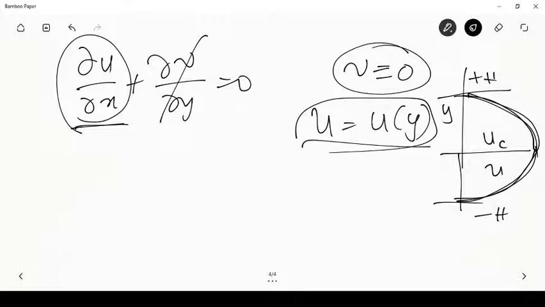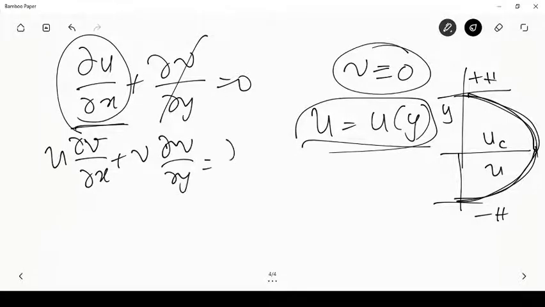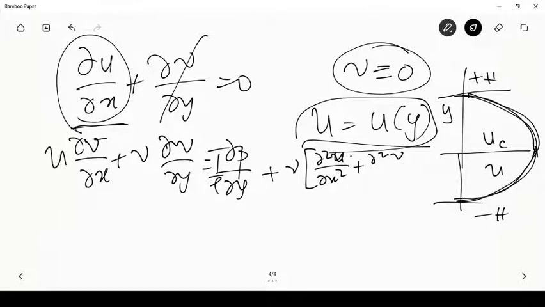If I look at the x and y momentum equations, let's look at the y momentum equation first. u del u by del x plus u del v by del x plus v del v by del y is equal to minus 1 by rho del p by del y plus nu times del squared v by del x squared plus del squared v by del y squared.